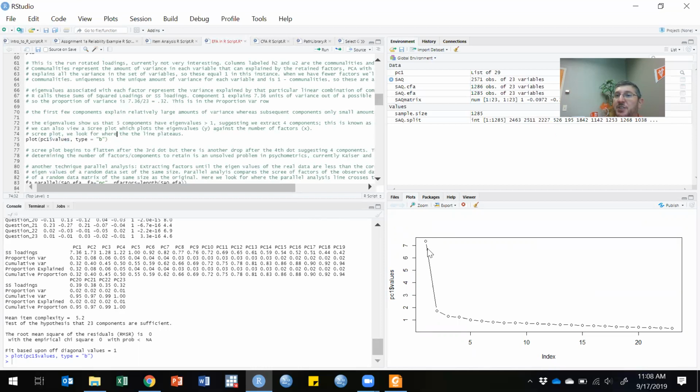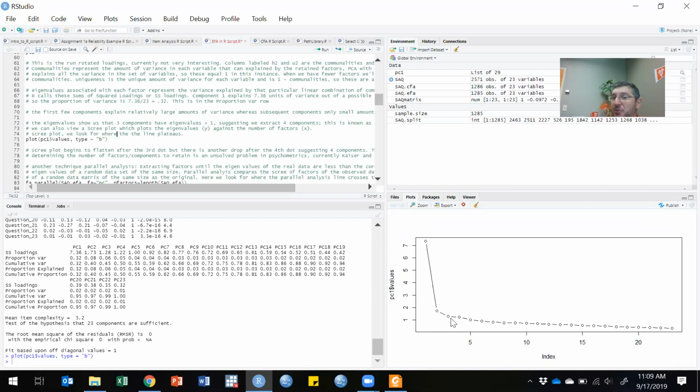So we can see, typically the first component explains a lot of variance, and it drops off after that. We're really looking for where this plot starts to flatten out. You might say it starts to flatten out around the third or fourth component. We go first, second component, see a big drop.